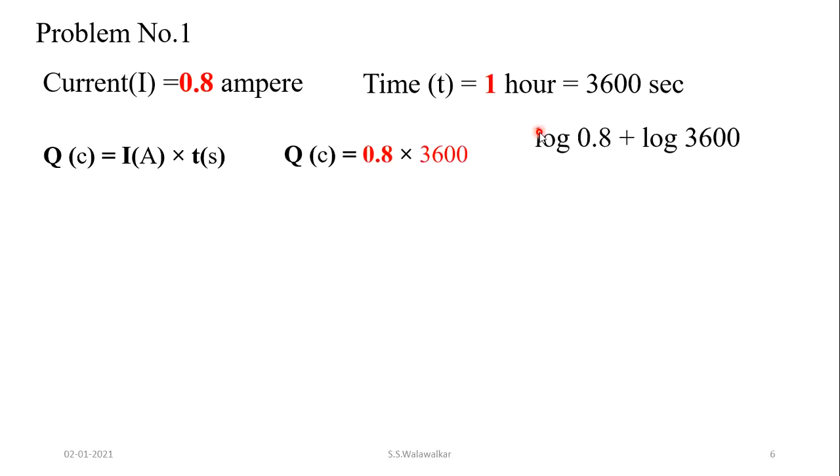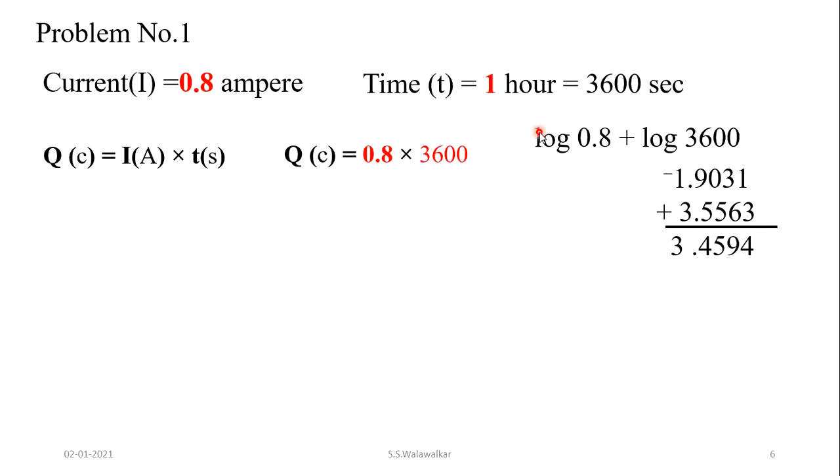So substitute this, 0.8 into 3600. If you calculate it by log, then log of 0.8 plus log of 3600 is equal to, log of 0.8 is bar 1.9031, and log of 3600 is 3.5563.